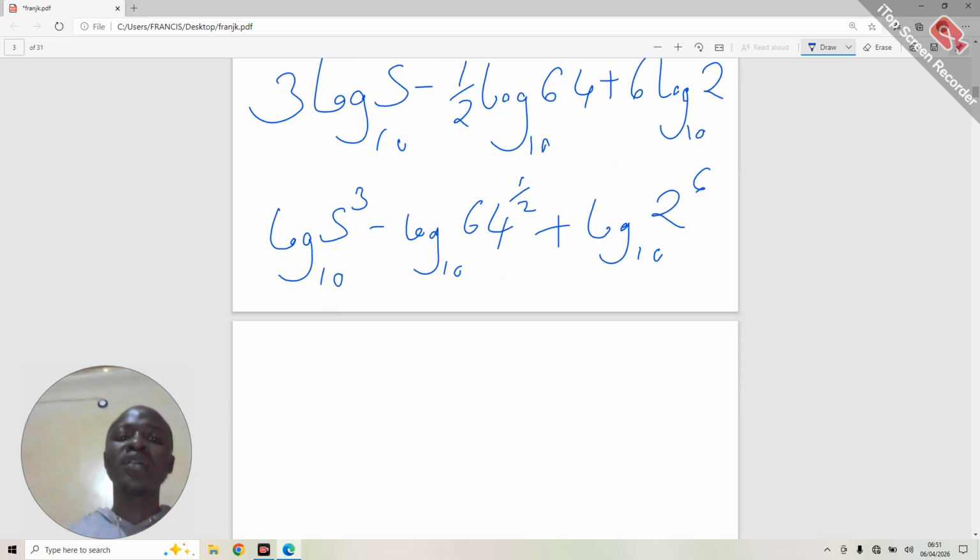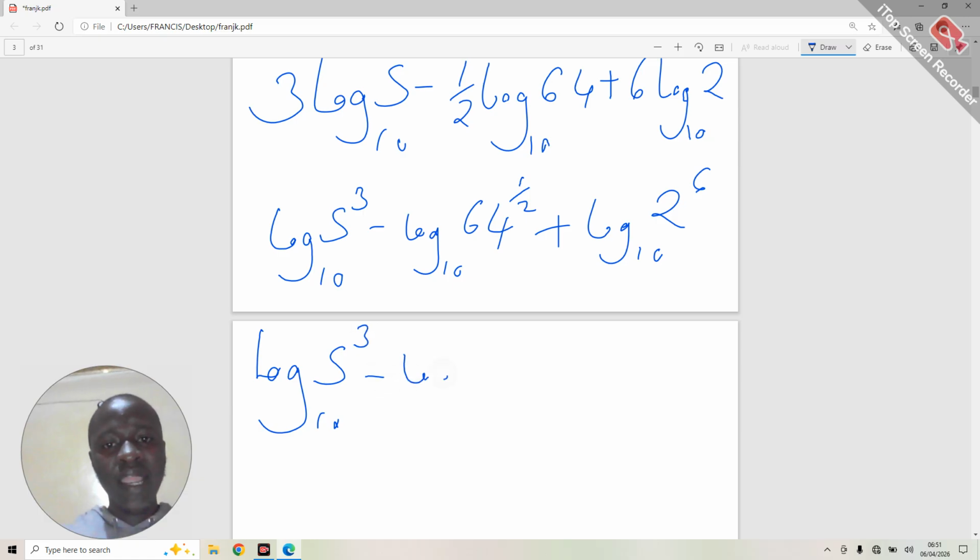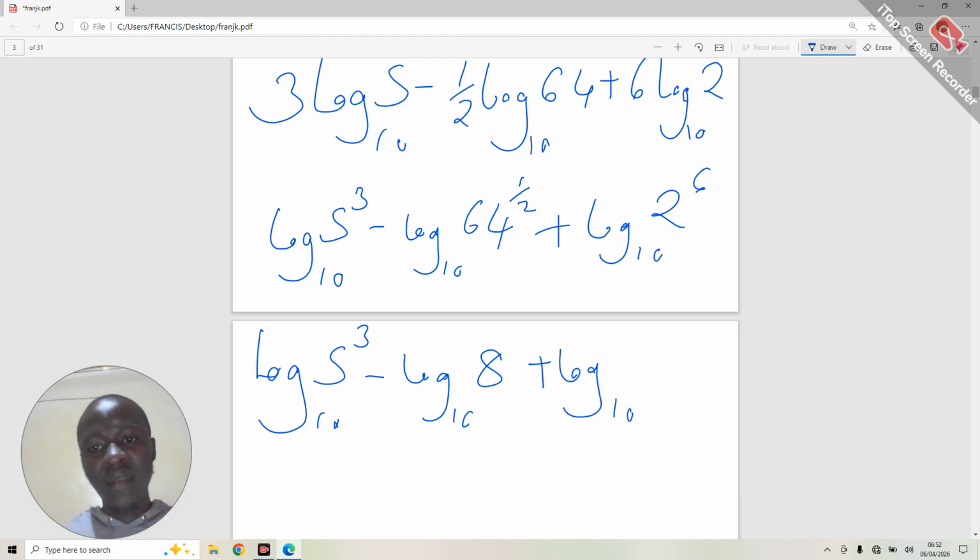Now, to simplify this, we shall have log of base 10, 5 power 3 minus log of base 10. Now 64, that's the same as root of 64, which is 8, plus log 10, 2 power 6.